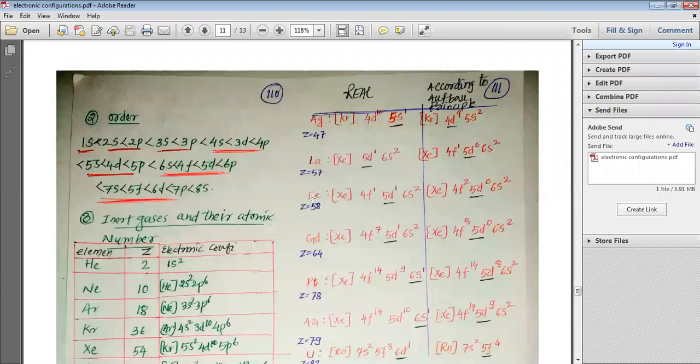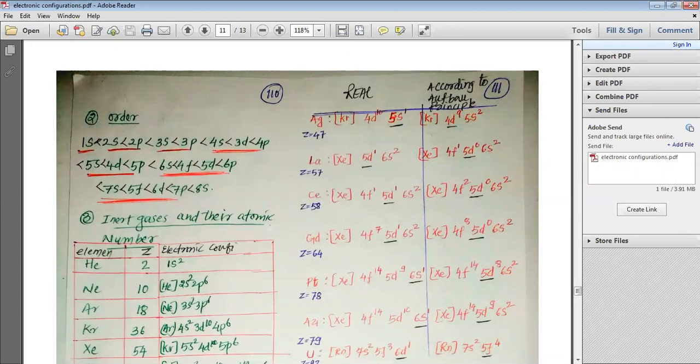Same way, if we look at cerium, the electronic configuration should be xenon 4f2 5d0 6s2. Instead of that, the electron, instead of going into the 4f2, goes into the 5d orbital, and the electronic configuration is xenon 4f1 5d1 6s2.